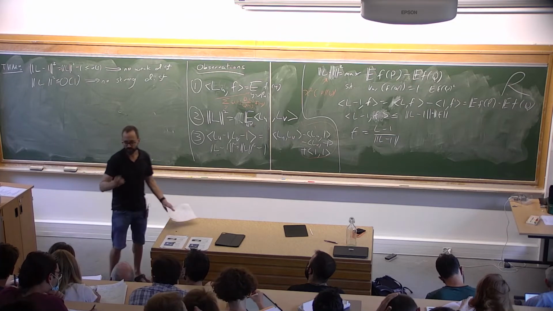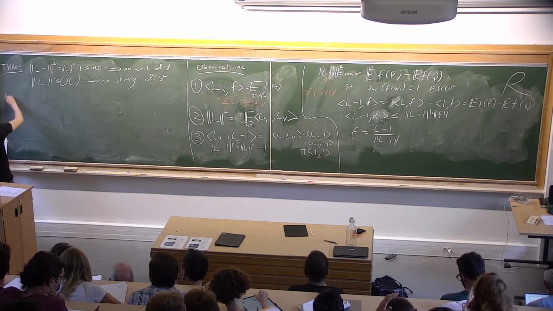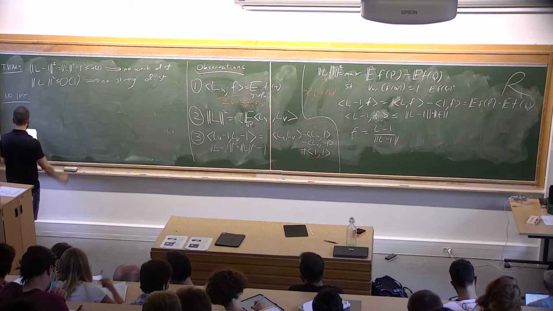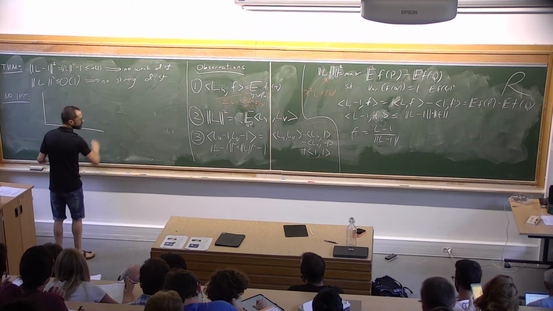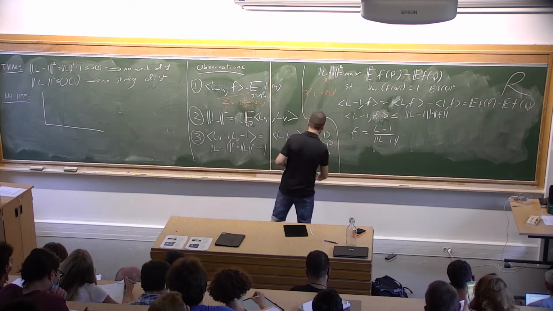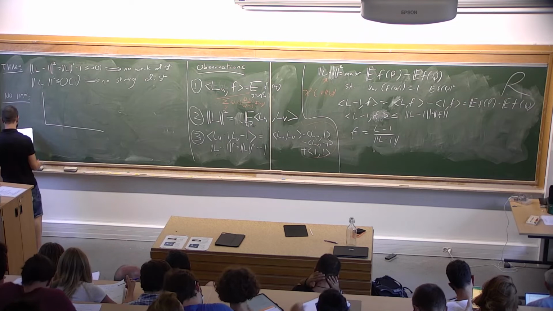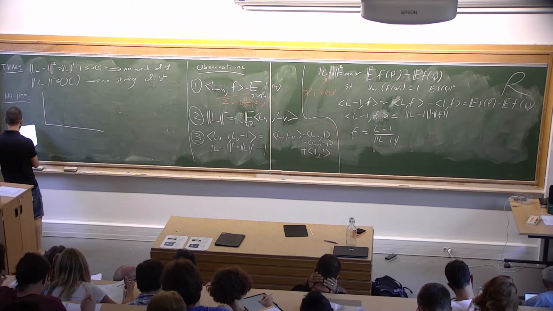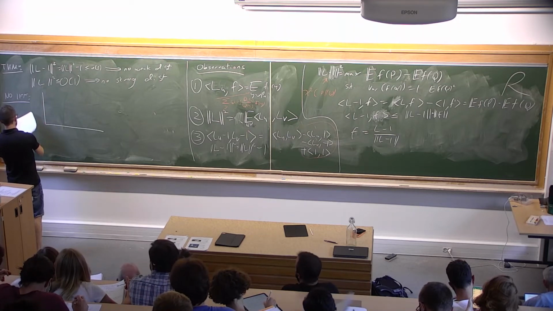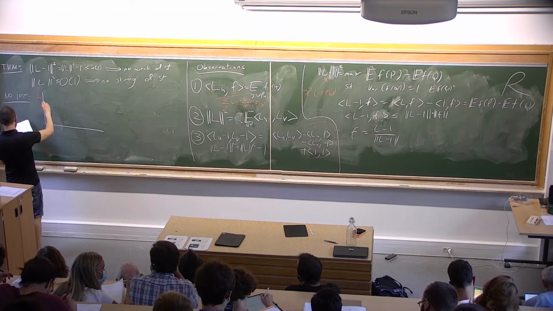But going back to Florent's point, it's not an if and only if. So before proving it, let's just say it's not an if and only if. And the main reason is you could have the following type of thing. Suppose that this is L. It looks like this.